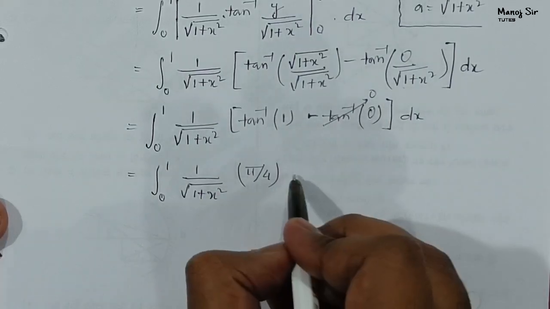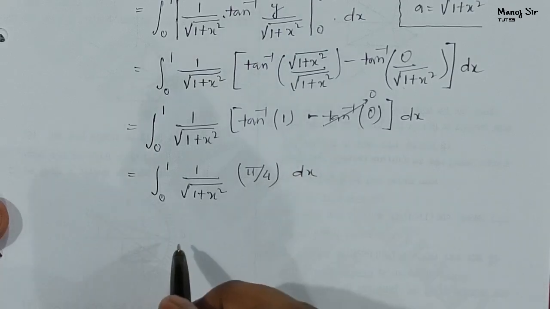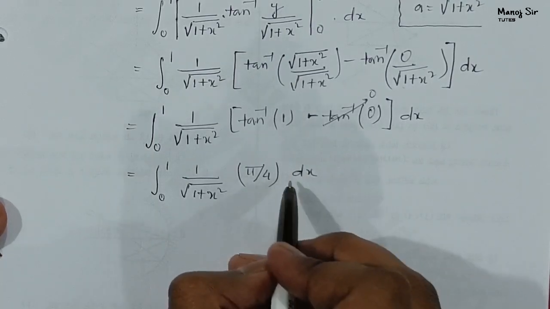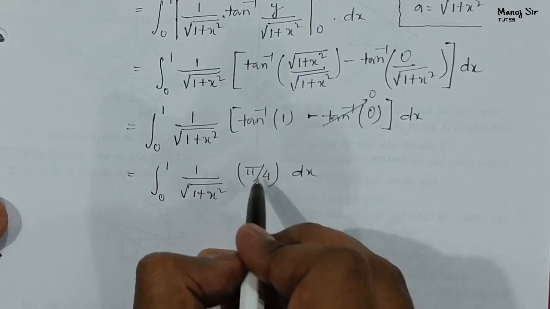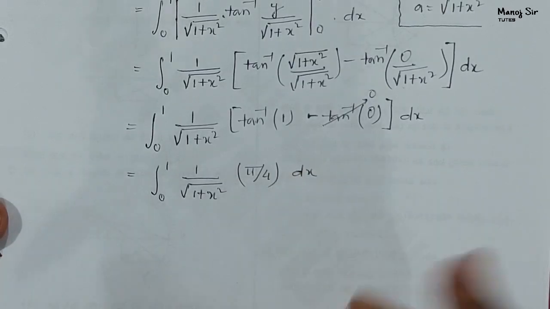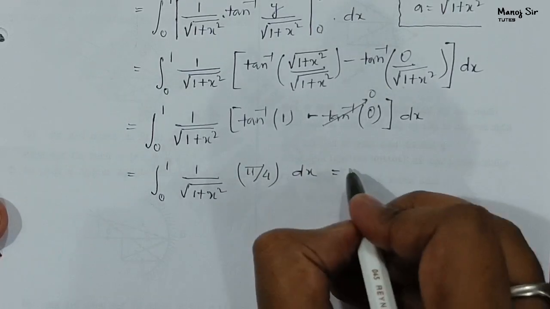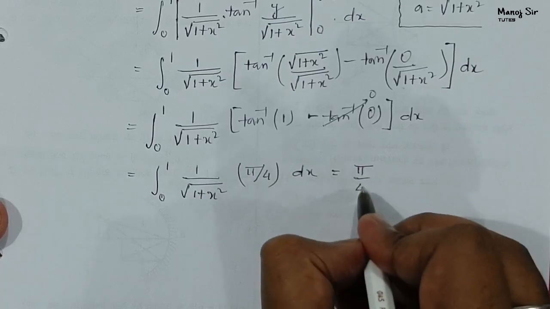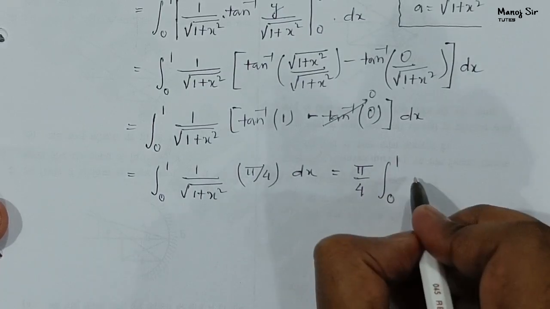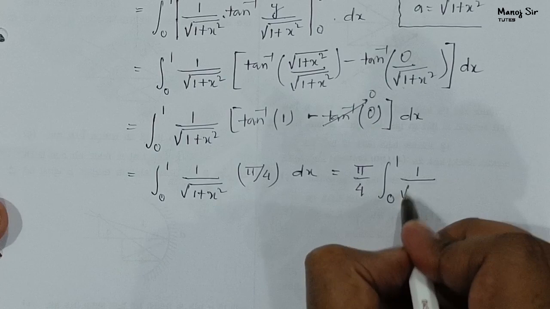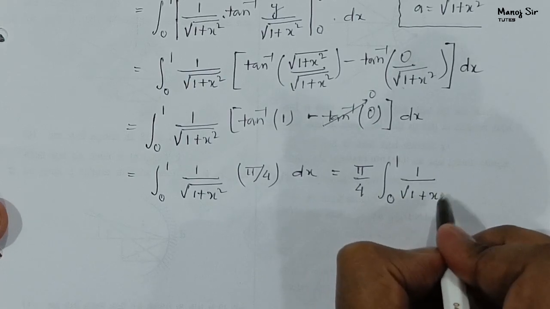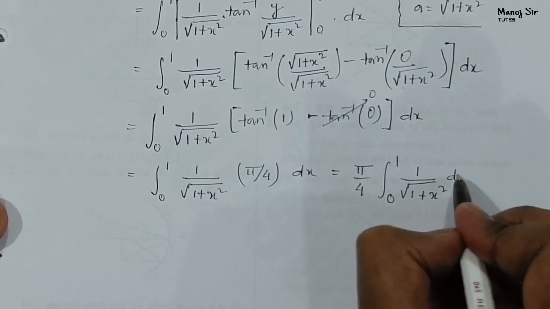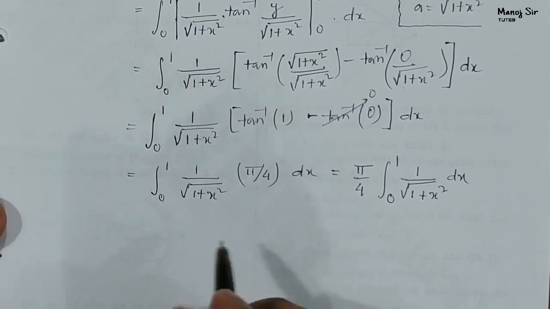Then we can write dx. Now we need to integrate this with respect to x, but this pi by 4 will be treated as constant. So we can take this pi by 4 out, integration 0 to 1, 1 upon root over of 1 plus x square, then dx.